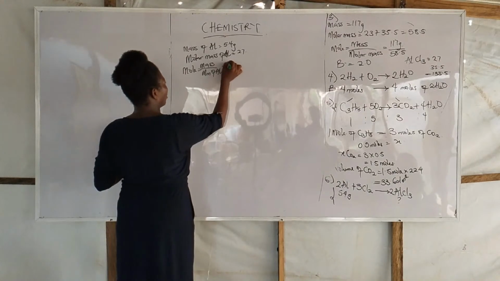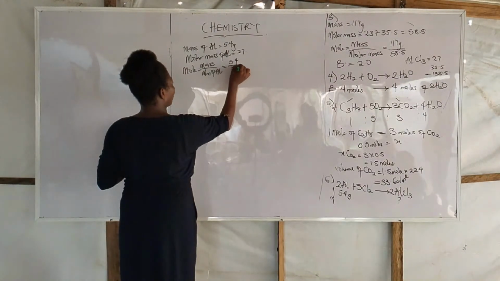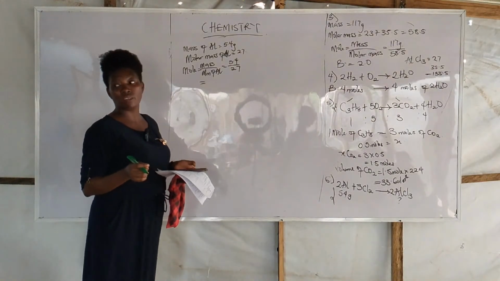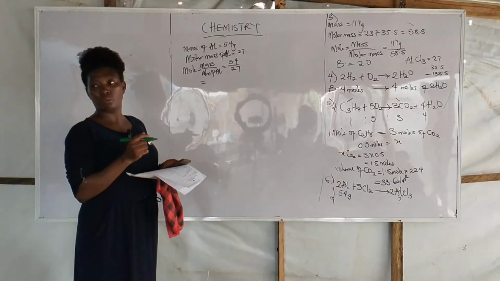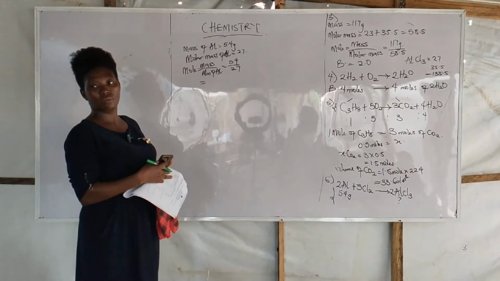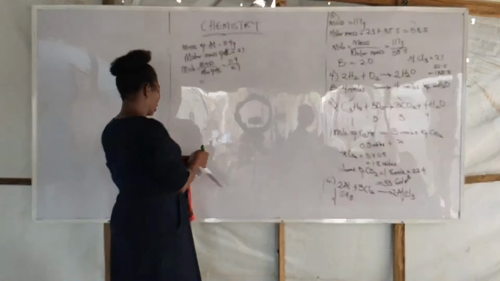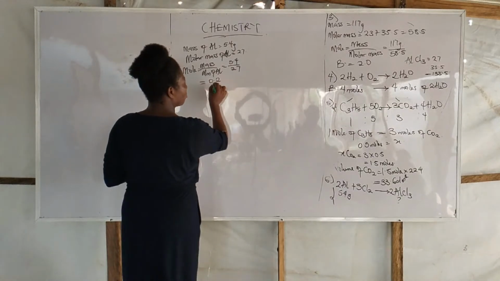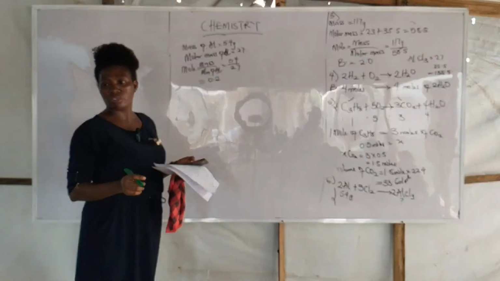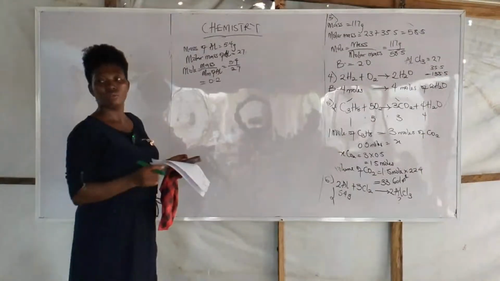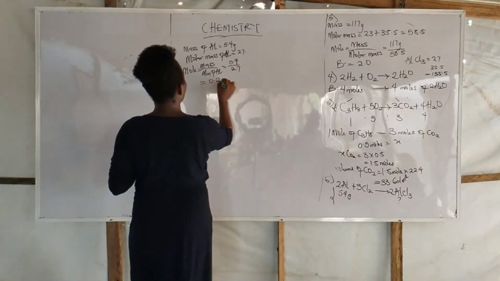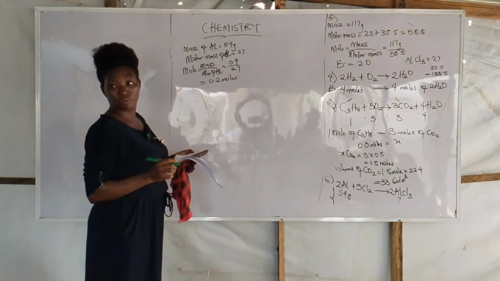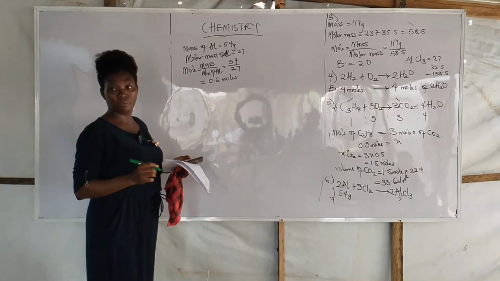That is 5.4 over 27. What is it going to give you? It's going to give you 0.2 moles. Are you with me?